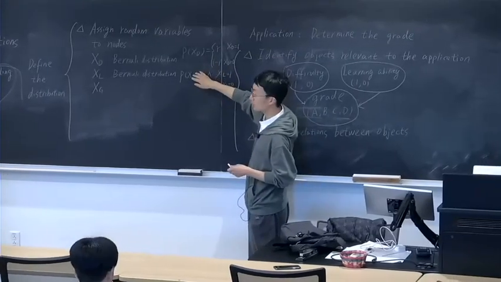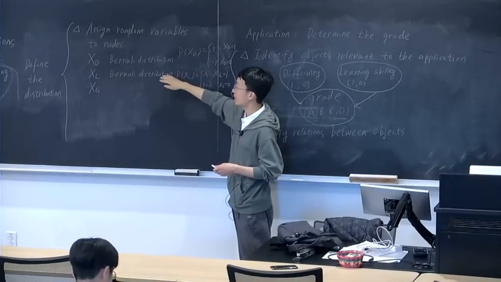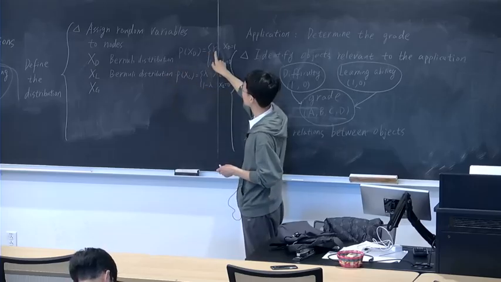So they are both Bernoulli distributions, but since they are utilized to model different objects, their parameters are different. So gamma and lambda are different.